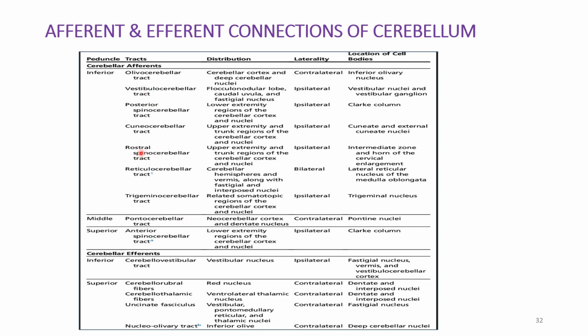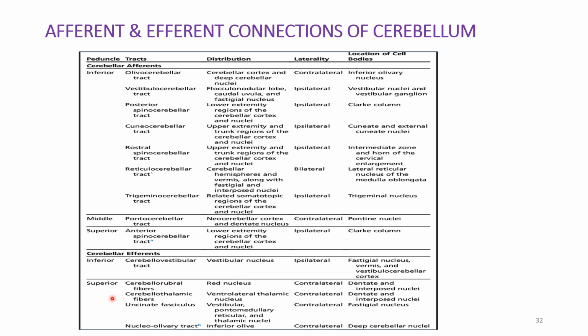Here, in the inferior cerebellar peduncle, you have the olivocerebellar tract, vestibulocerebellar, posterior spinocerebellar, cuneocerebellar, rostral spinocerebellar, reticulocerebellar and trigeminocerebellar tracts. And coming to the efferents from the cerebellum, from the inferior cerebellar peduncle we have the cerebellovestibular tract to the vestibular nucleus.